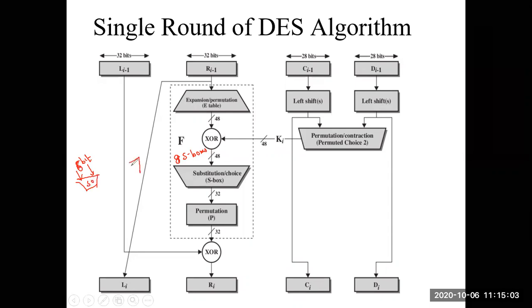S0 to S7. It will generate a 4-bit output from each. So 4 into 8 is 32 bits. That's what you get here. 32 bits you're going to get.